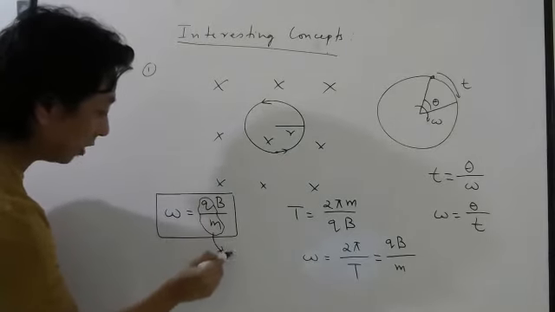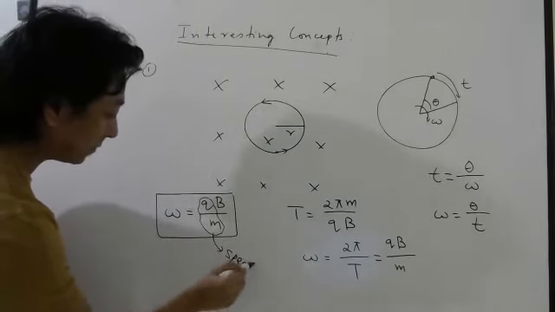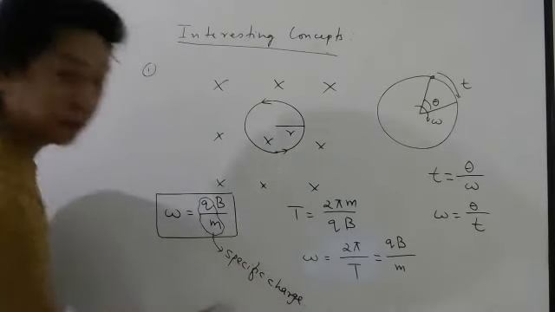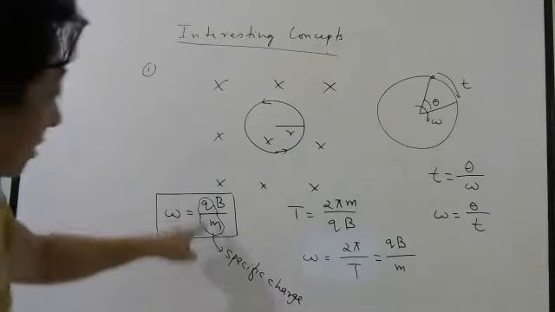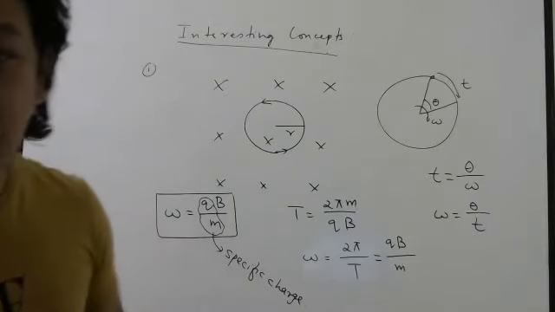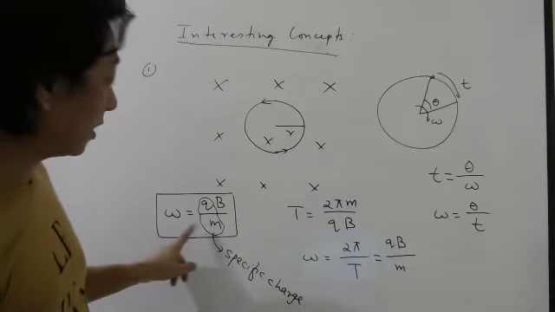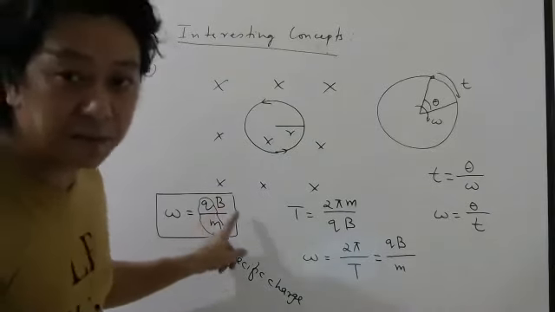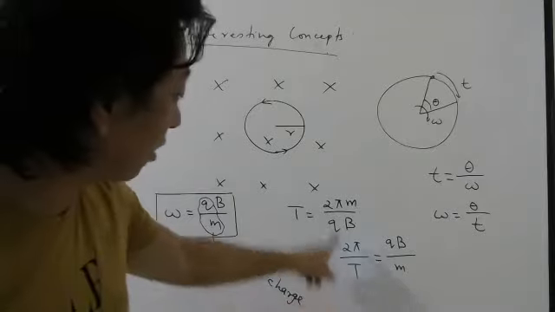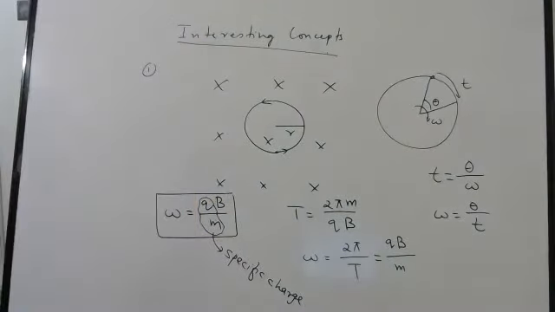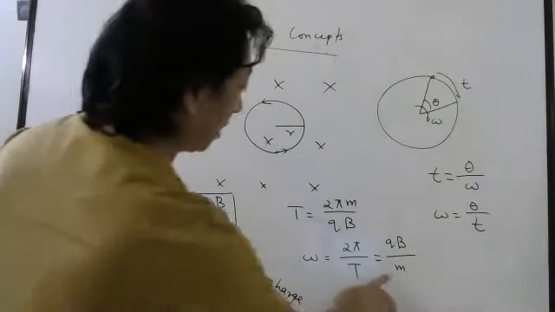This is also called specific charge, the charge by mass ratio. So angular speed is specific charge times magnetic field. You can check the formula. From basics I have tried to explain, so keep this formula in your mind.